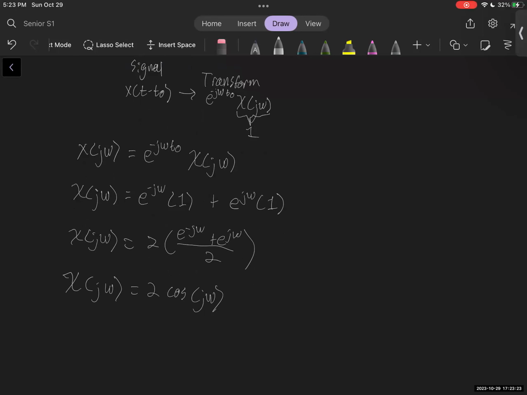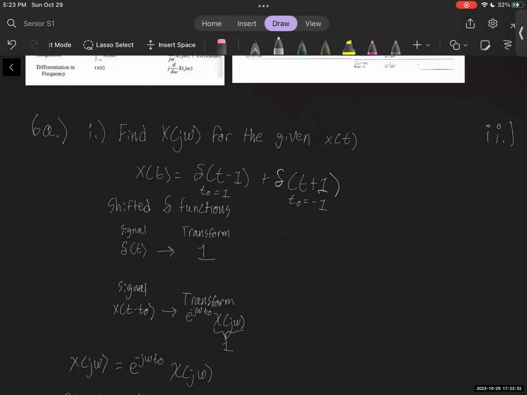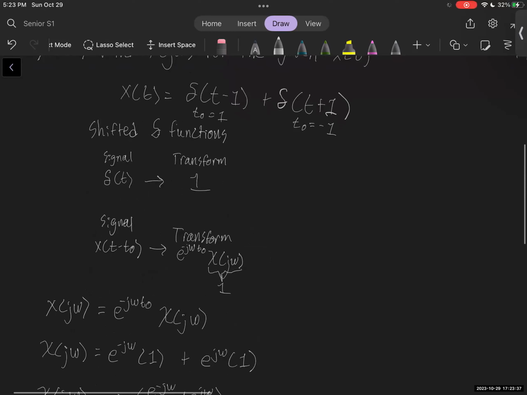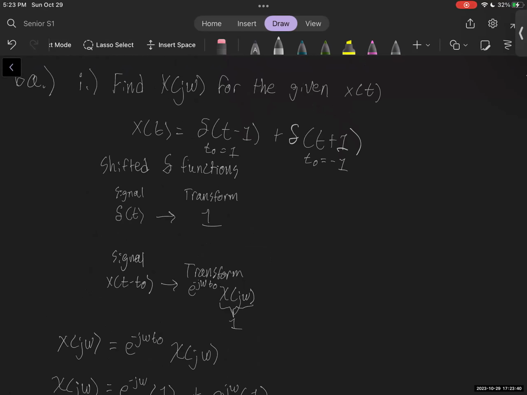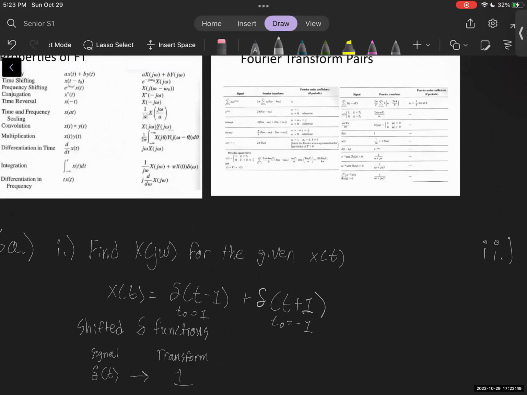I have a quick question. If you were multiplying the delta functions by like 2 or like let's say 4, would your x become that number? So X of j omega representing? So the x of j omega is representing the Fourier transform of that. So in this case, we identified the Fourier transform of the delta function to be 1, and then we identified that they're time shifted by t naught amount, and then we applied that property to the Fourier transform of the delta function, which is 1.